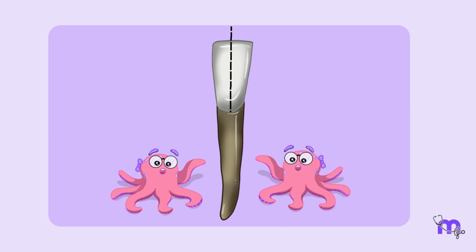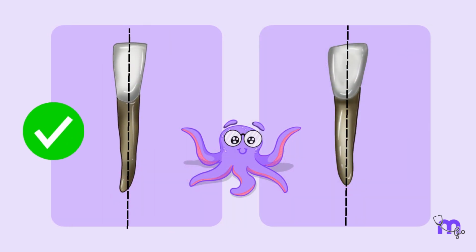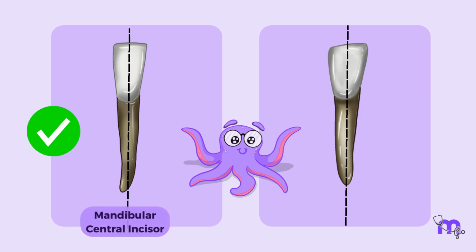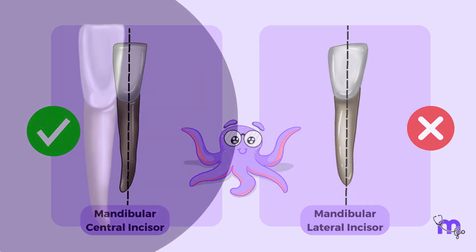If you draw a line in the middle of the labial aspect, you will see that the two halves are mirror images of each other. This unique feature is known as bilateral symmetry and is a distinguishing characteristic of the mandibular central incisor, which is not present in the mandibular lateral incisor.